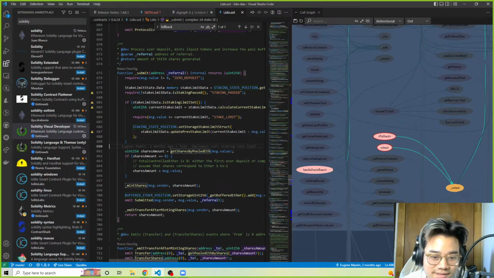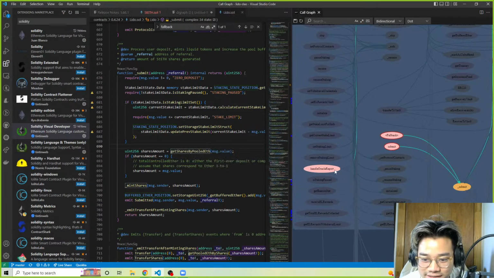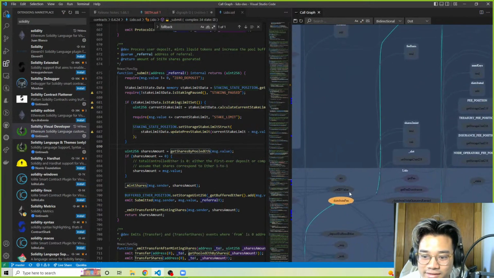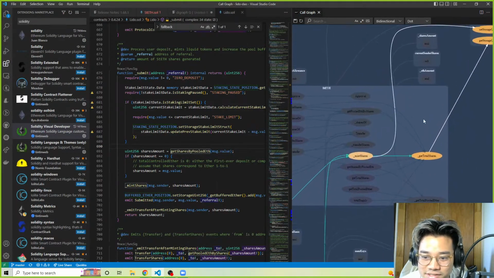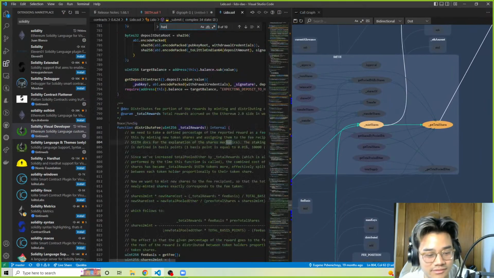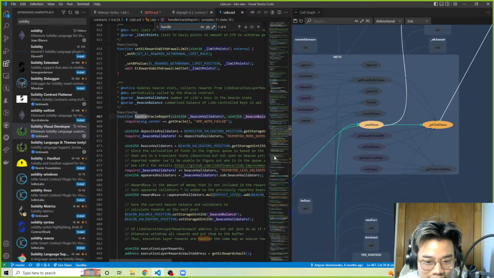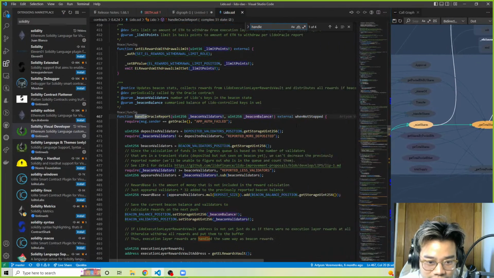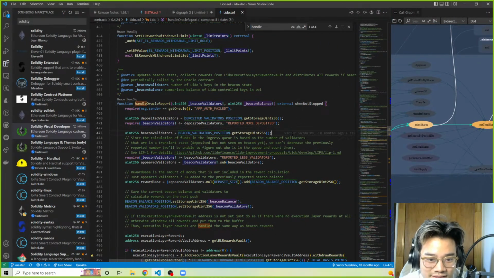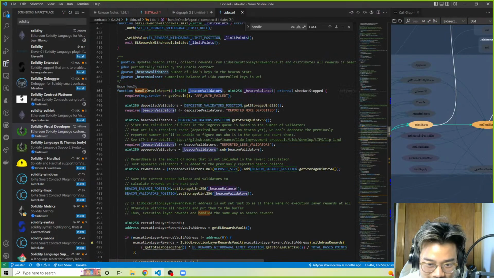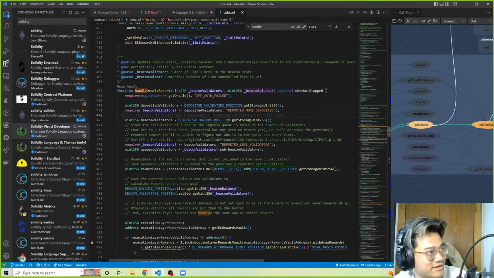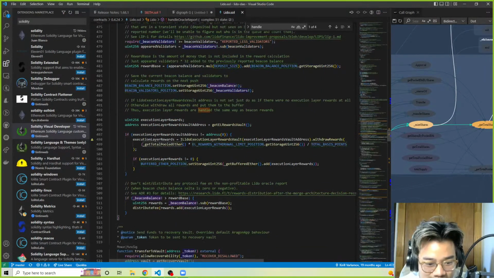I'm not going to go over this, but the main one we can see is that there's a handle Oracle report that's minting these shares. So I would look through here and ask, what's happening in handle Oracle report? There's probably a lot of wording that is more contract-pattern relevant than relevant to the data stuff for us.